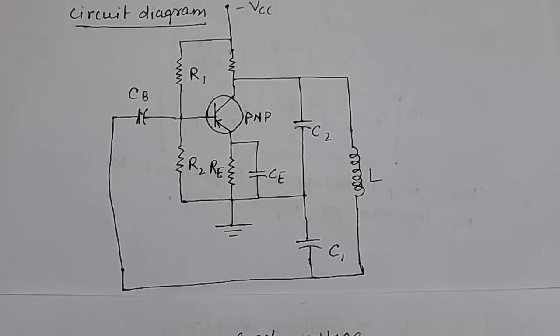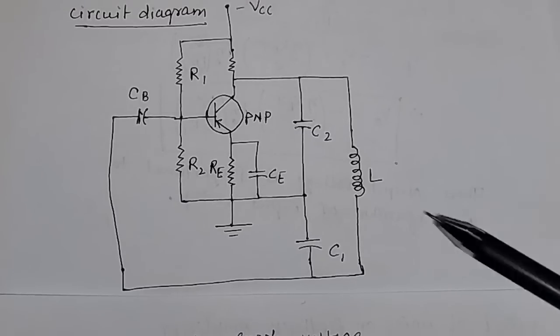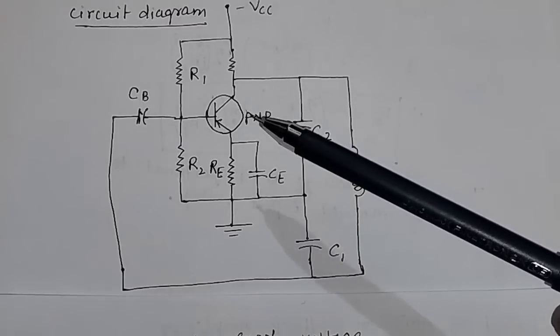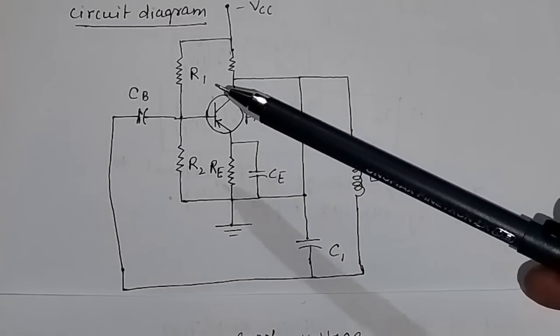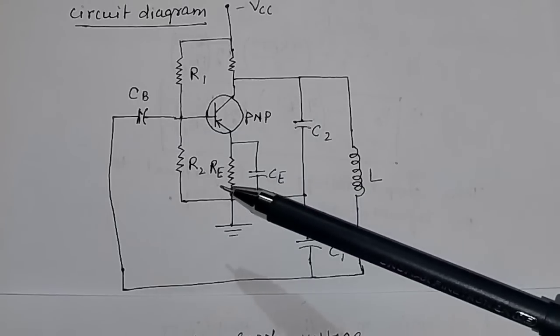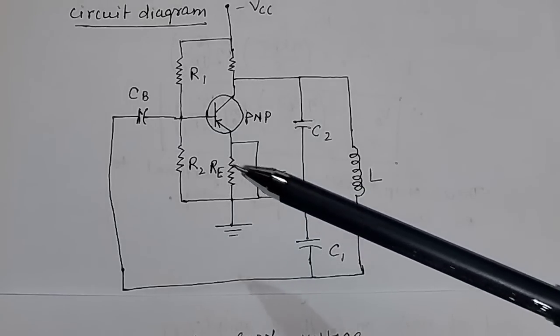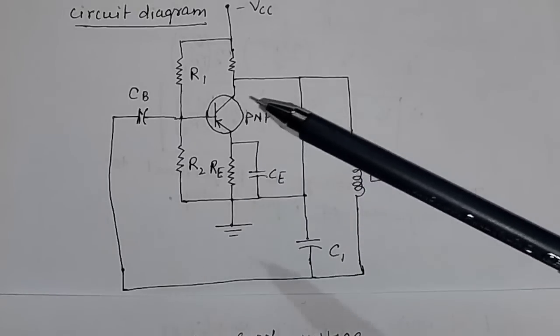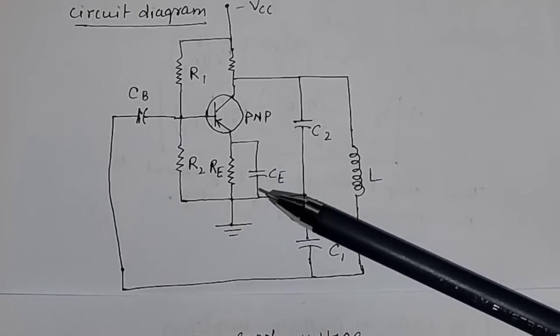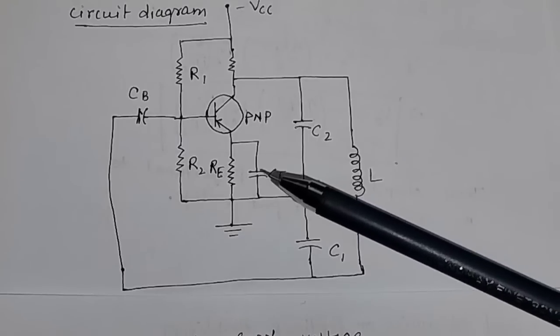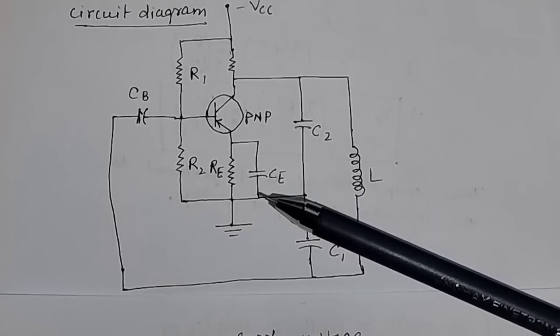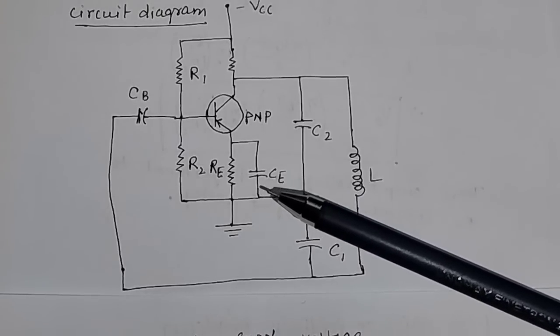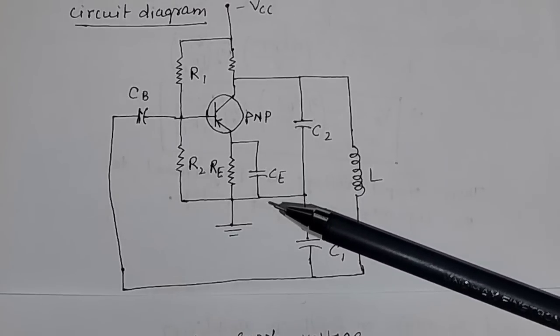This is the simple circuit diagram for a Colpitts oscillator. This is a PNP transistor, and these are resistors R1, R2, RE, and capacitors CE and CB. These resistors are useful for transistor biasing and transistor stabilization, because we need transistor biasing before its operation.